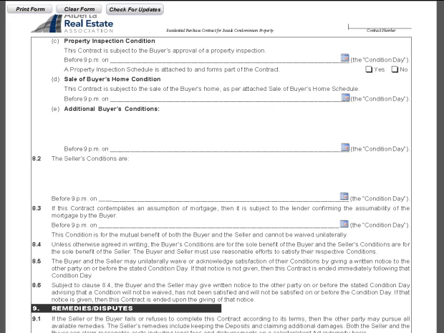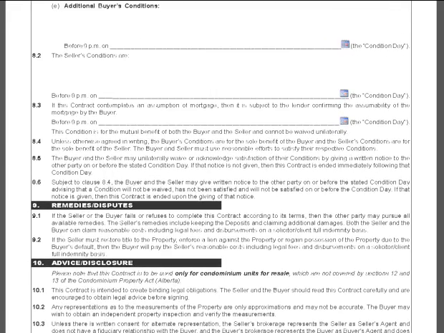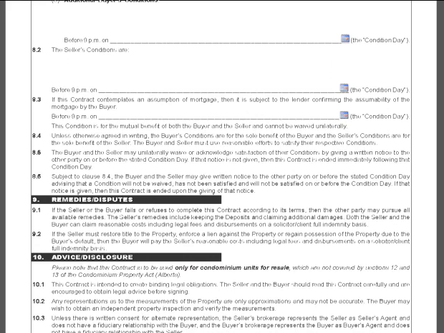Let's take a look at 9, which is the remedies and disputes section of the contract. In 9.1, if either party refuses to complete the contract according to the terms, then the other party may pursue all available remedies.